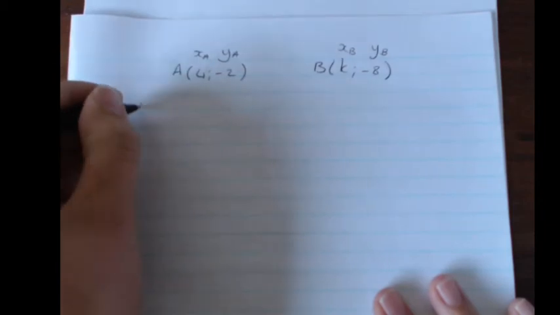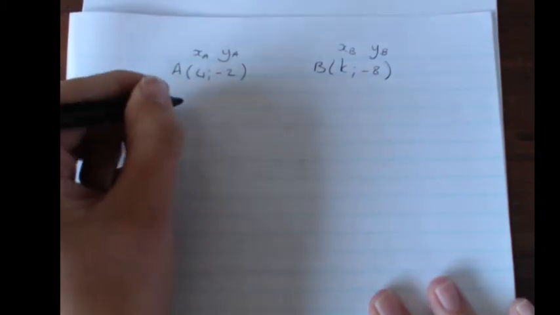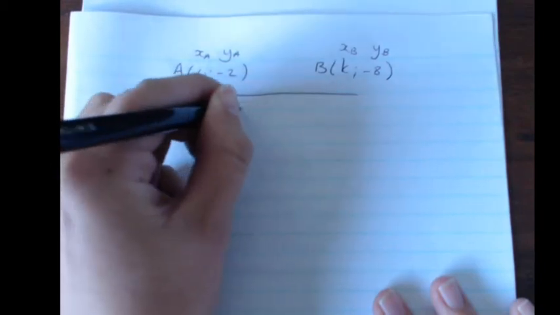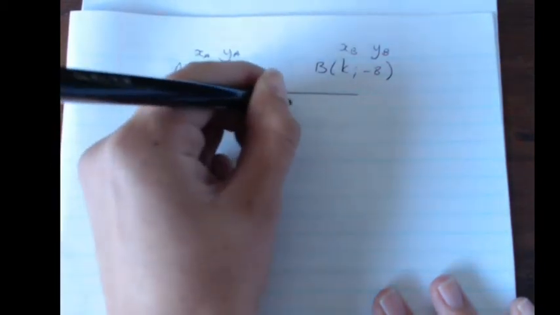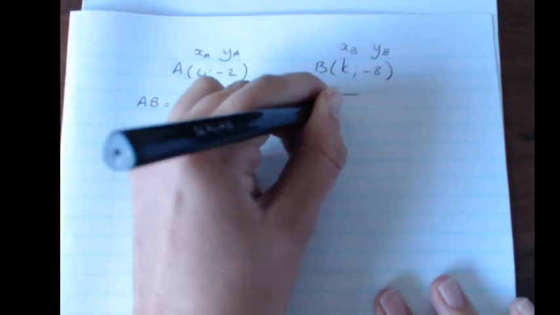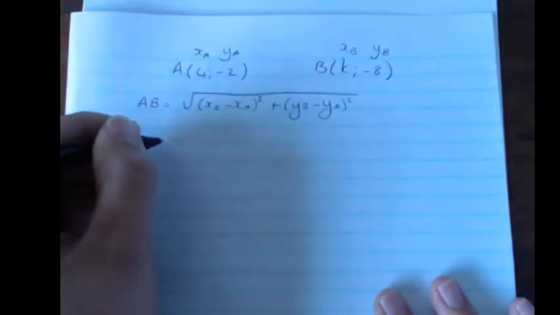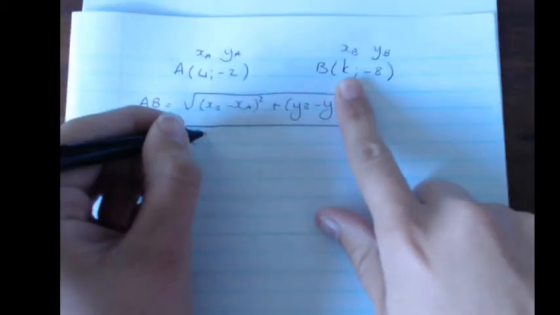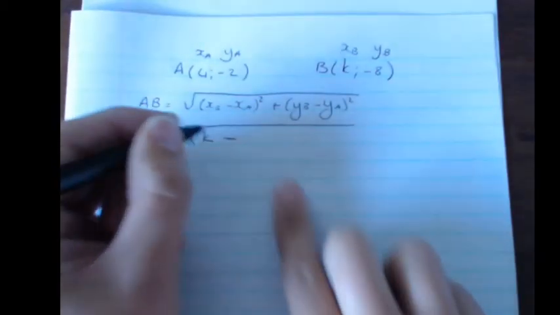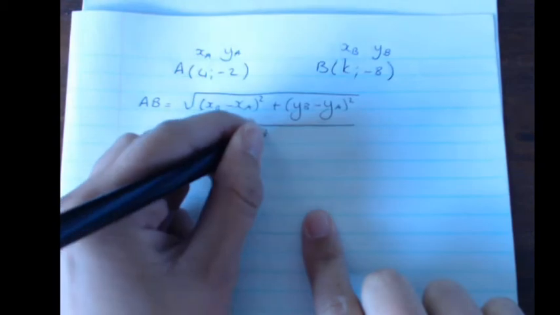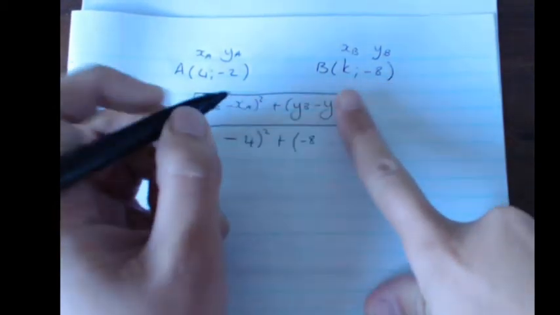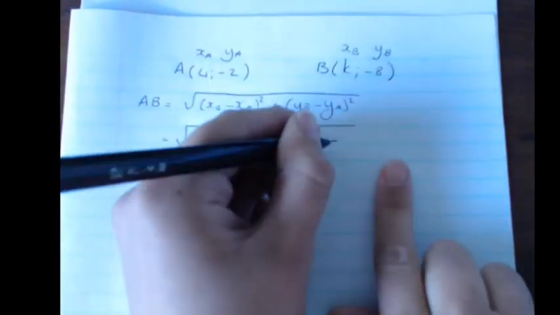To calculate the distance of AB, I'm going to take the square root of (xb minus xa) squared plus (yb minus ya) squared. So xb is k minus xa, which is 4, squared, plus yb, which is -8, minus ya, which is -2.